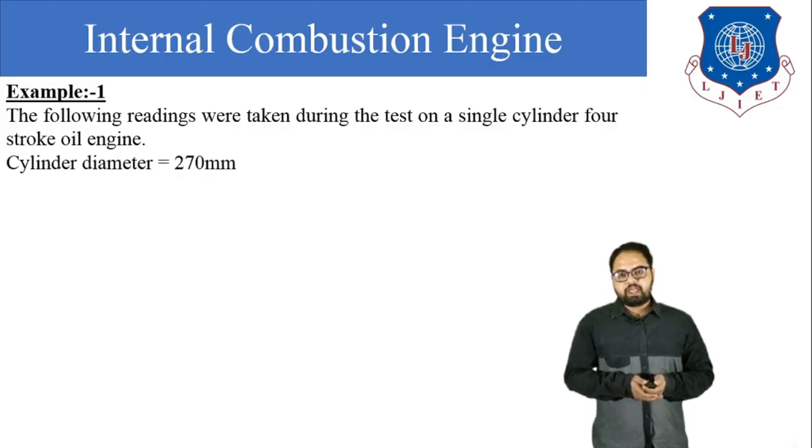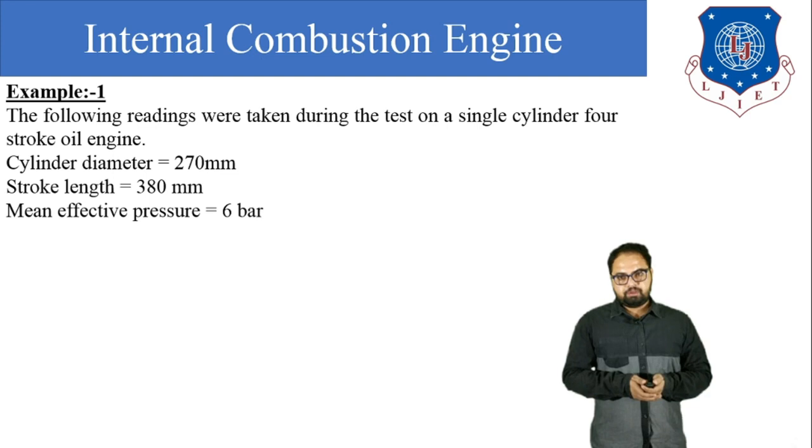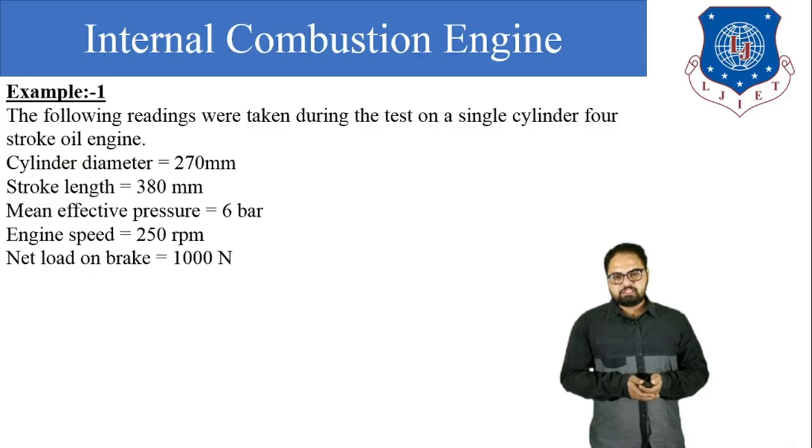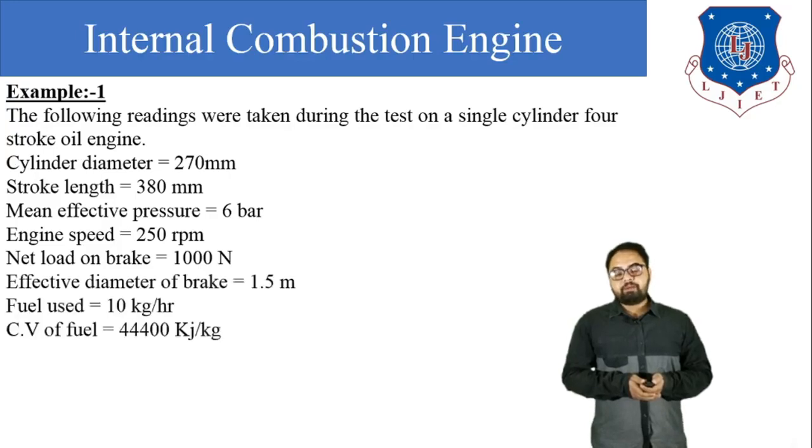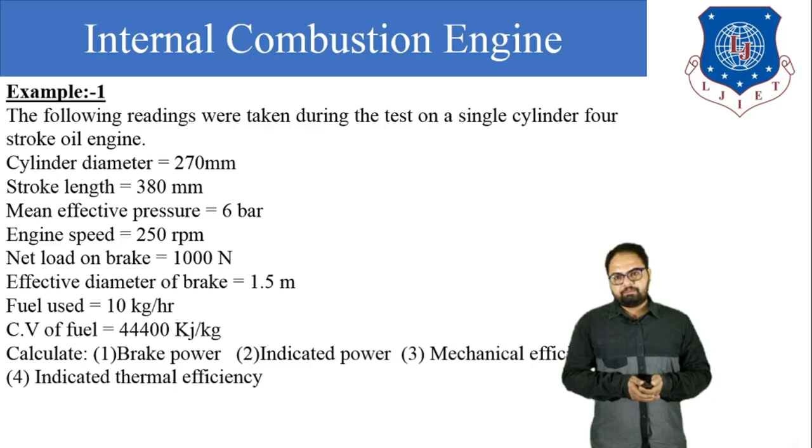The cylinder diameter is 270 mm, stroke length 380 mm, mean effective pressure is 6 bar, engine speed is 250 rpm, net load on the brake is 1000 Newton, effective diameter of the brake is 1.5 meter, fuel use is 10 kilogram per hour and the calorific value of the fuel is 44,400 kilojoule per kilogram. Now we need to calculate the brake power, indicated power, mechanical efficiency and indicated thermal efficiency.